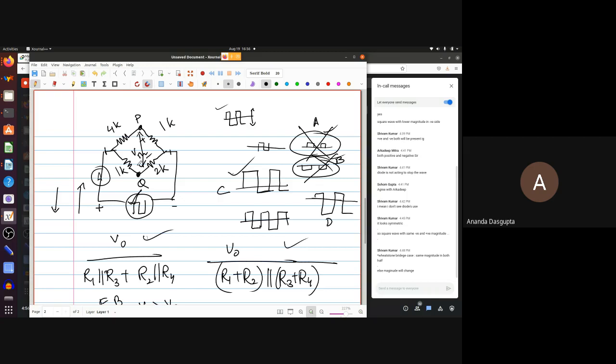How do you decide whether P or Q is positive? This is actually class 10, no more than that. The advanced stuff was Thevenin's theorem, but class 10 will be fine for this. We decide the current and then decide the voltage.